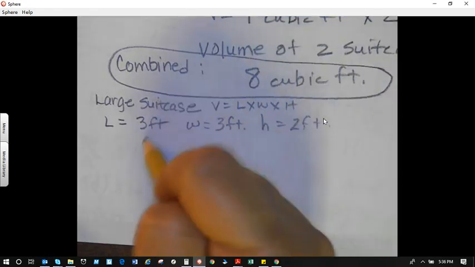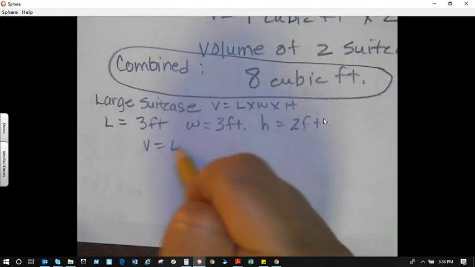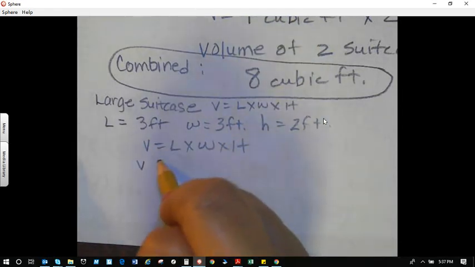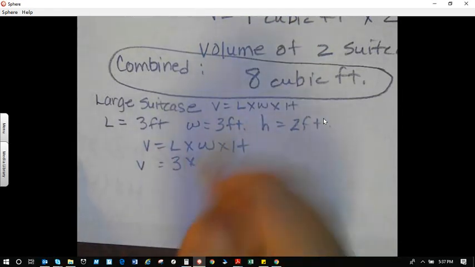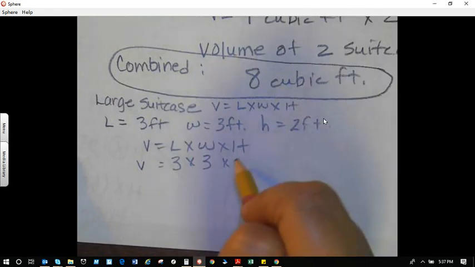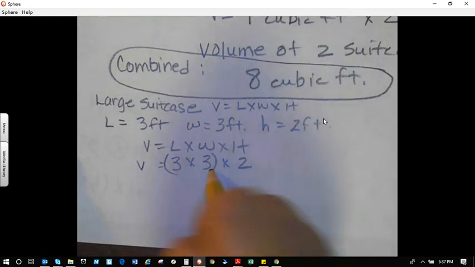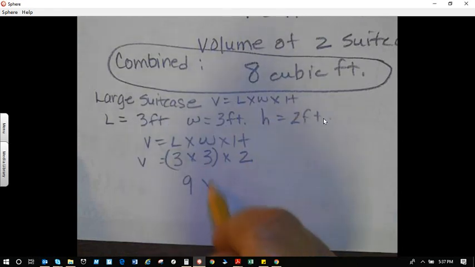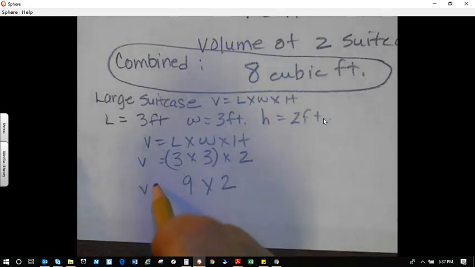Actually, I should have done it down here. Volume equals length times width times height. That way I can plug in the numbers. I have 3 times 3 times 2. Okay, this is my order of operations. 3 times 3 is 9 times 2. So my volume equals 18.